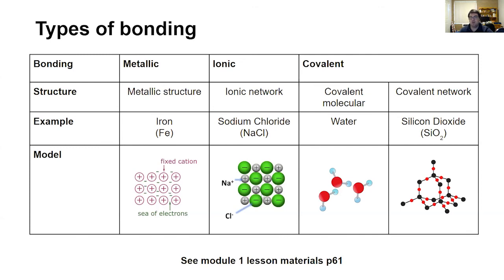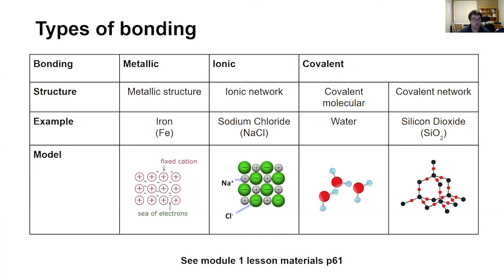I've got more information about what I've been talking about in the lesson notes. If you go to page 61, you'll find those. You'll also find a brief note on how each of the models for the different types of bonding, which is pictured at the bottom of this table, has some issues. The thing to remember with a model in science is that it's a metaphor to explain how something works.